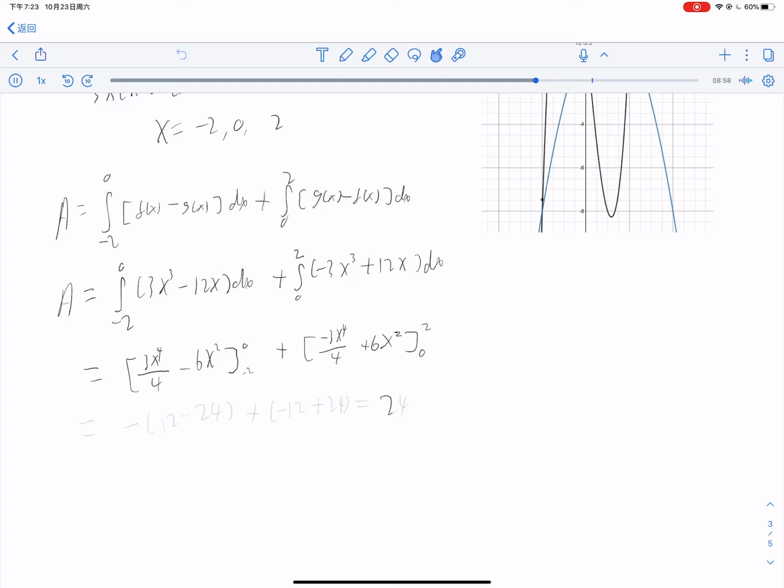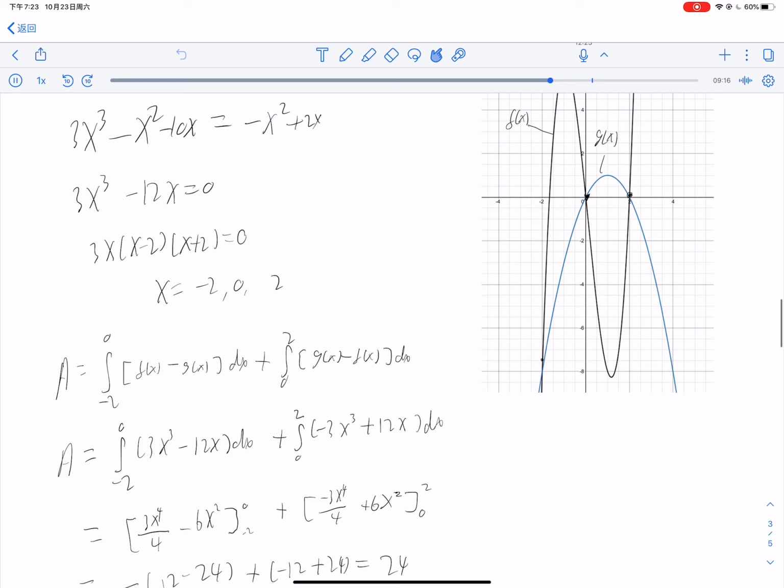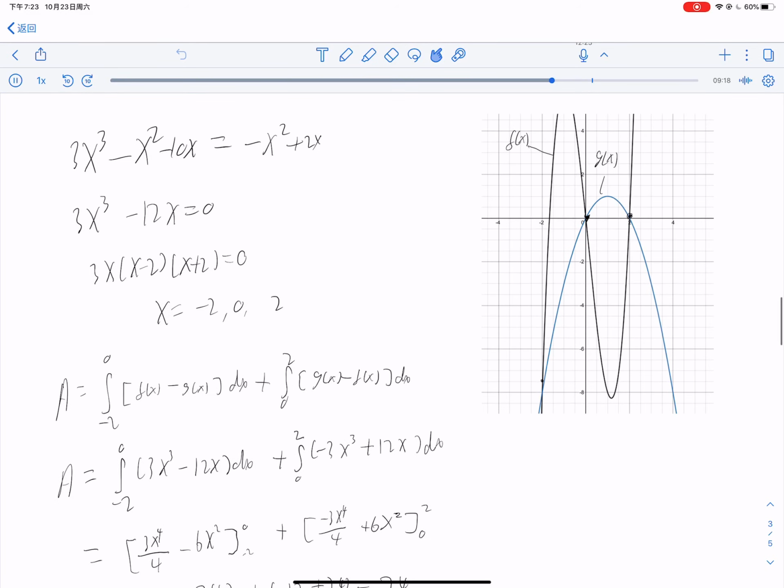Alright, so this is basically negative 12 minus 24 plus negative 12 plus 24, which is just 24. So here's a more complicated case. Just remember always to subtract the lower function from the upper function.